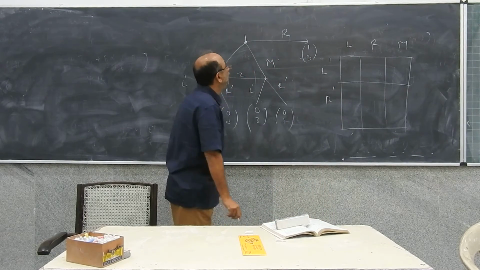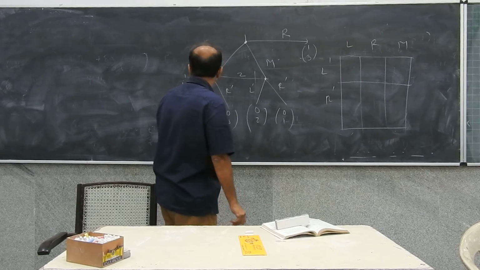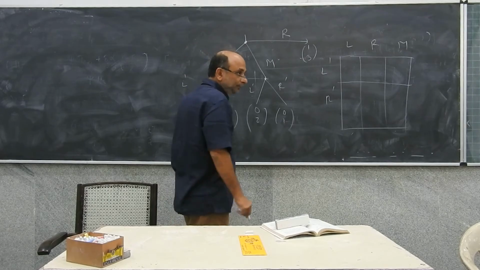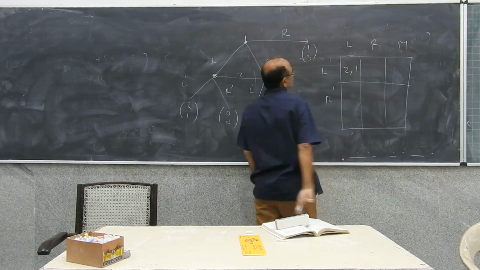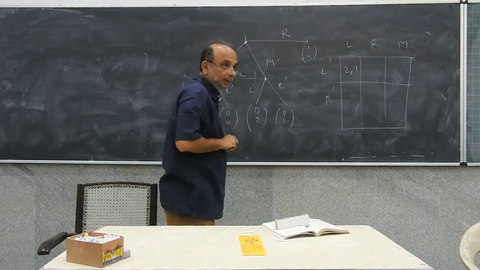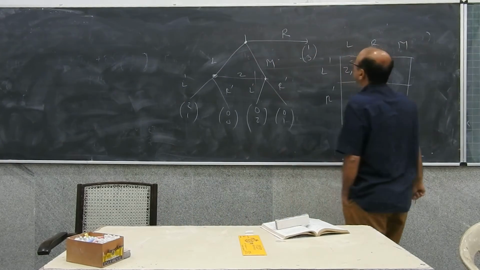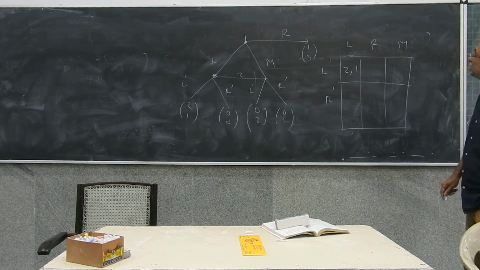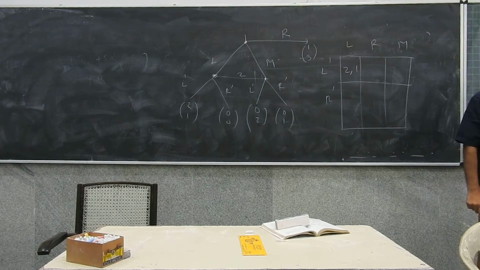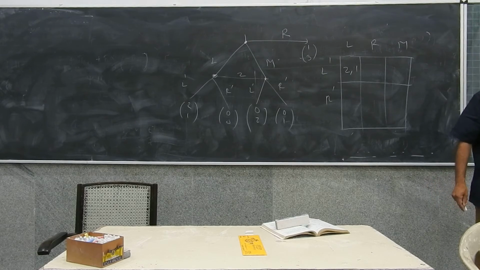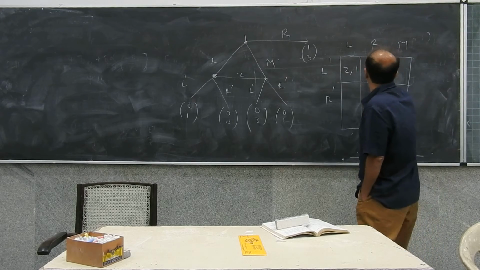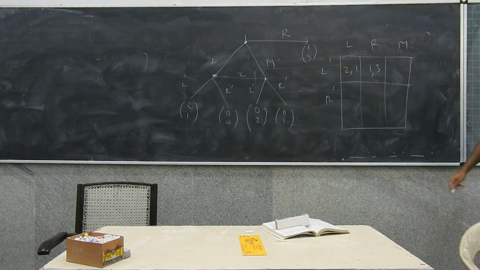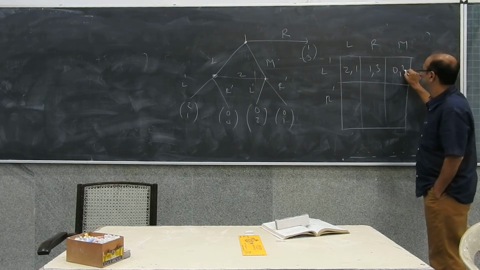Now, if player 1 plays L and player 2 plays L dash, what are the payoffs? 2, 1. If player 1 plays R and player 2 plays L dash, what are the payoffs? 1, 3, because that's when the game ends. So you write 1, 3. If player 1 plays M and player 2 plays L dash, what are the payoffs? 0, 2.